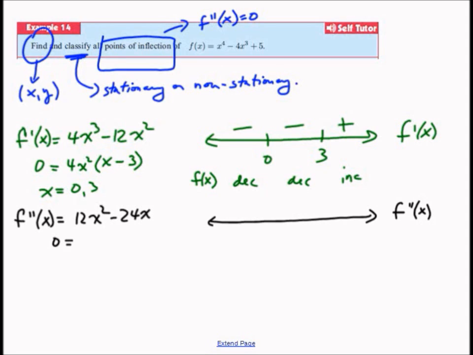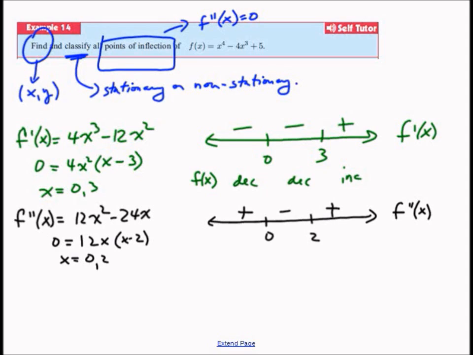What are the zeros? The zeros are 0 and 2. Again, you can either look at the graph or test some values in each of those intervals. The sign diagram is this.